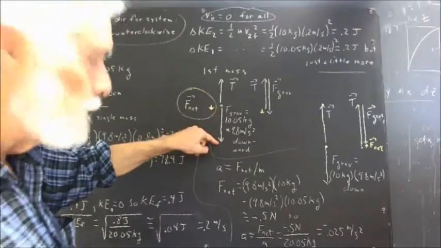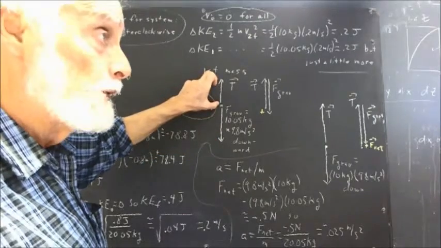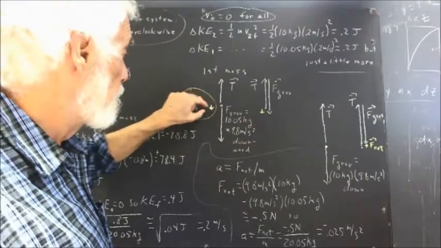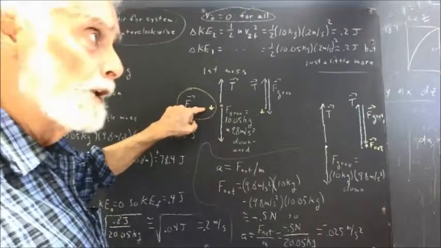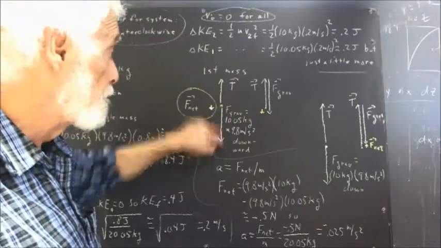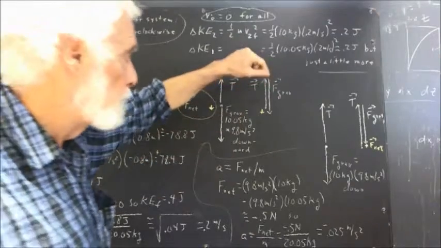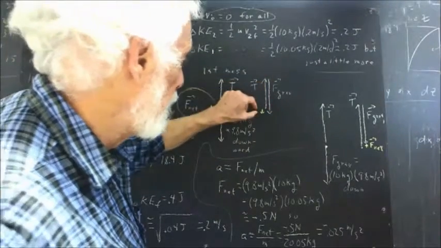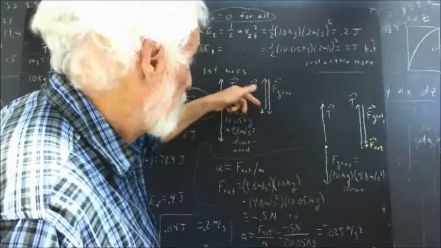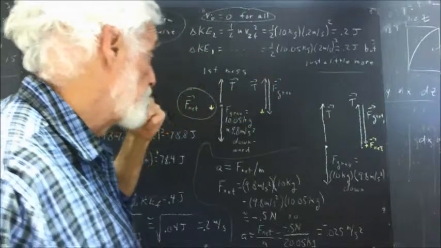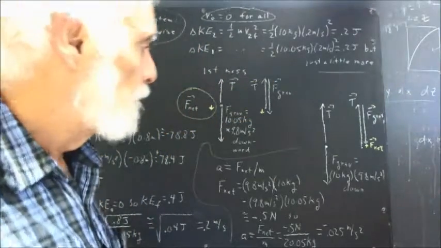And we know the gravitational force. The only thing we don't know is the tension force. And since we're going to be able to calculate this, and we know what this is, we're going to be able to figure out the tension. Okay, so here's another picture showing our tension up, our gravity down, and our net force being the result of those two vectors.